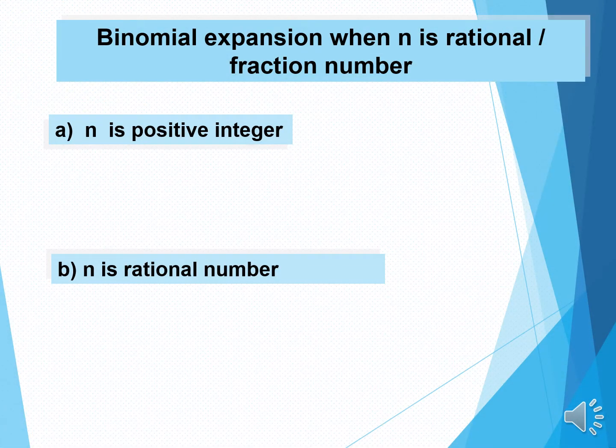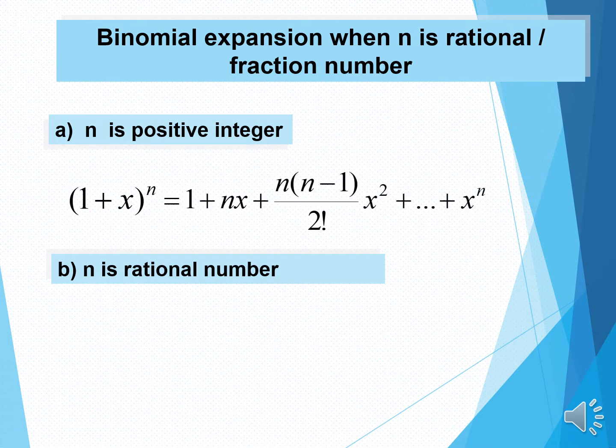Binomial expansion when n is rational or fraction number. For n is a positive integer, (1 + x)^n = 1 + nx + n(n-1)/2! x^2 + ... + x^n.